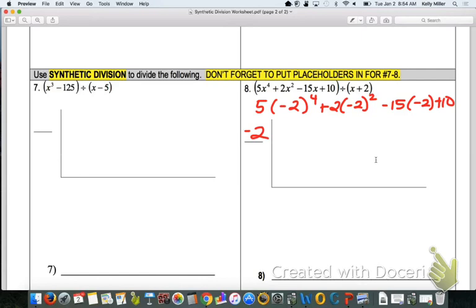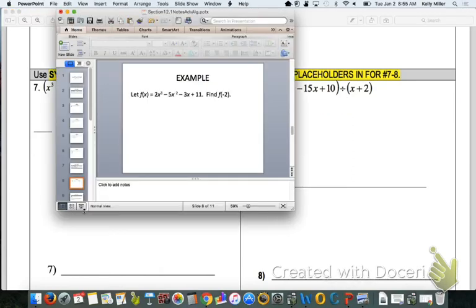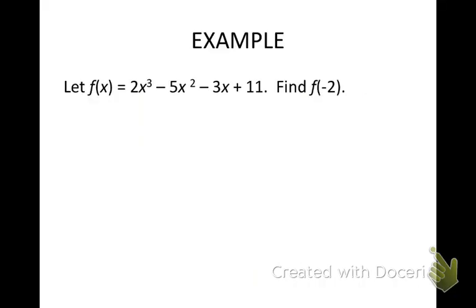Then I hit enter and I got 128. So I'm like, oh, okay, I must have done that right. So that's why the remainder theorem matters, is because you can check your answers that way. Does that make sense? Remainder theorem?